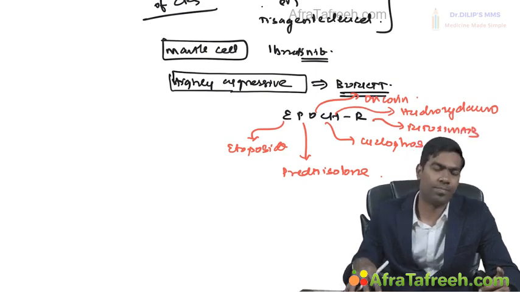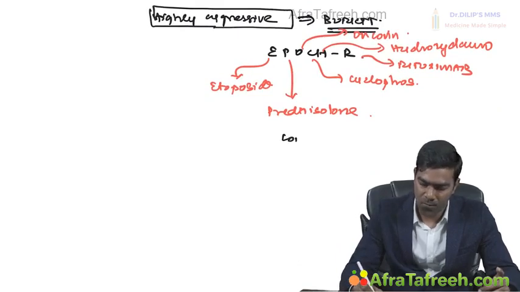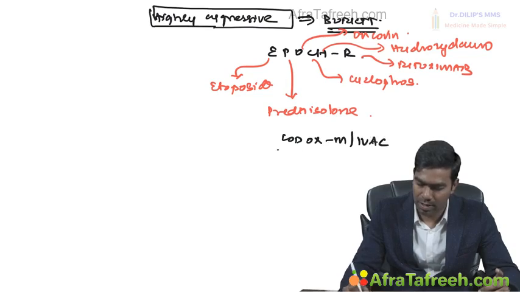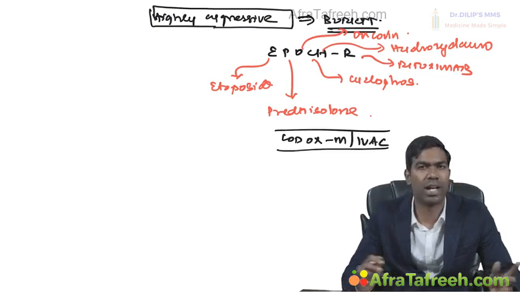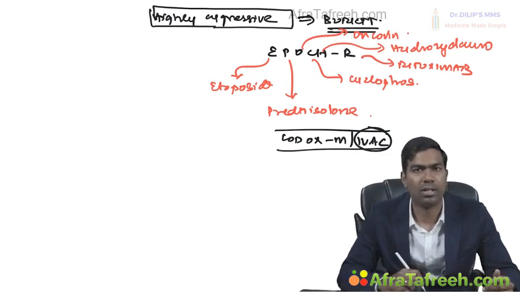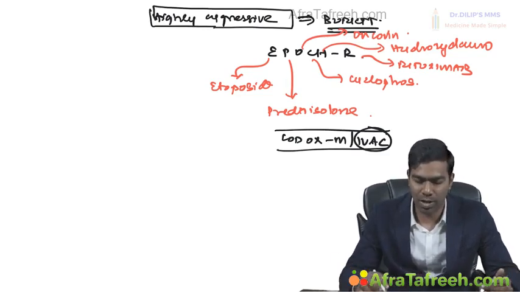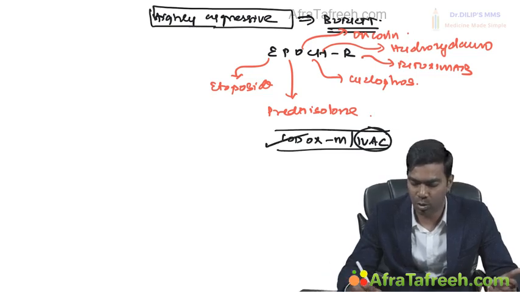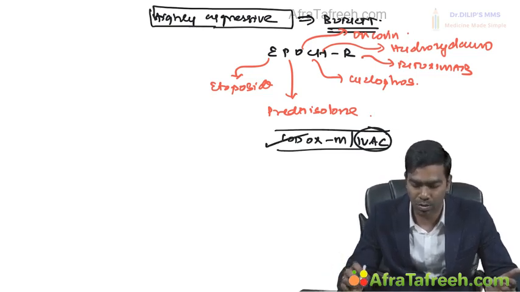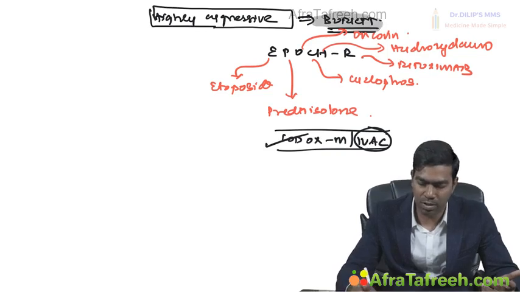There are also other regimens like the CODOX-M/IVAC regimen. This includes high dose cytarabine also, IV cytosine arabinoside, which is what we call the high dose IVAC regimen. So this CODOX-M or IVAC regimen can also be used. But any Burkitt patient should receive CNS prophylaxis.